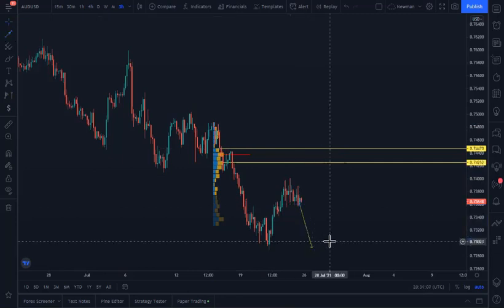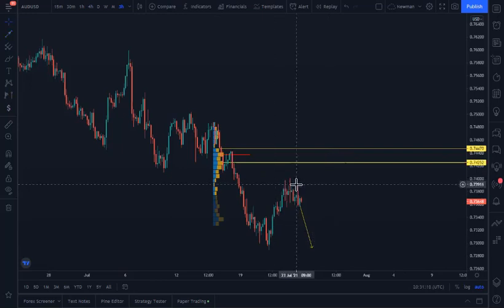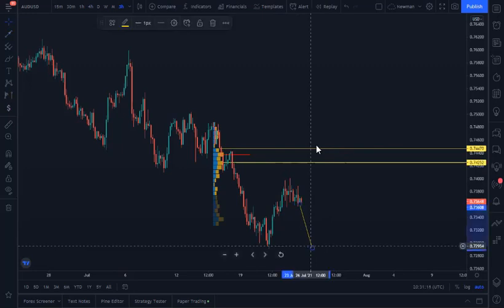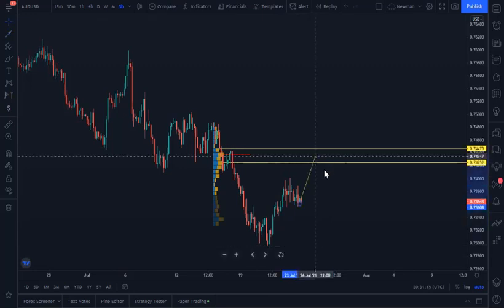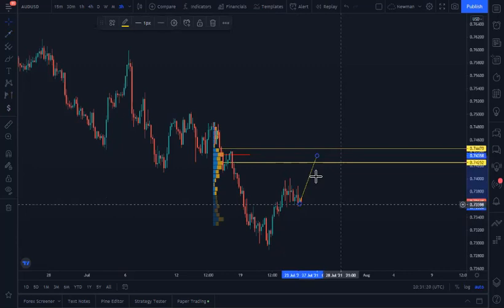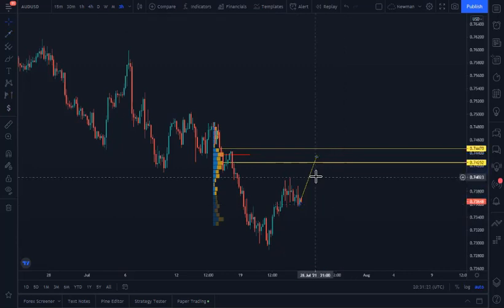Okay, but I wouldn't sell from there. I wouldn't sell from no man's land. Where I would likely want to sell from is this area, because this is the zone where more orders were placed, more sell orders.